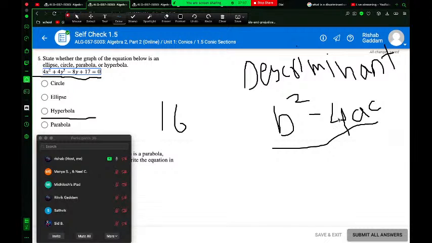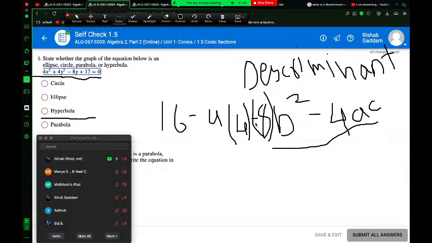The 4 is a, so that's minus 4 times a, which is again 4. Then we have c, and we substitute negative 8 for that.